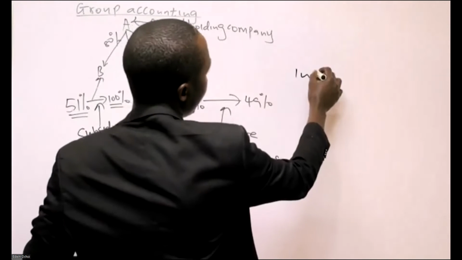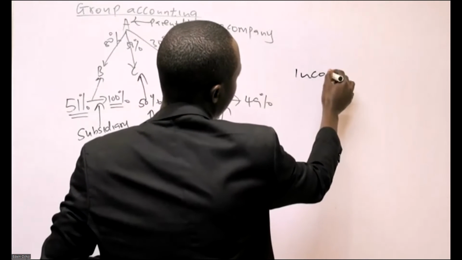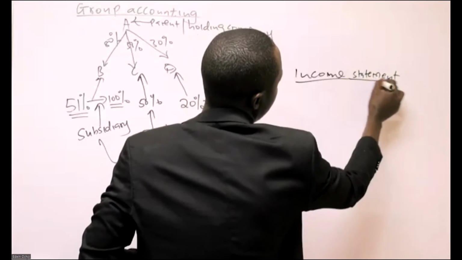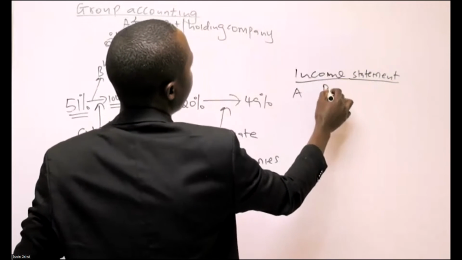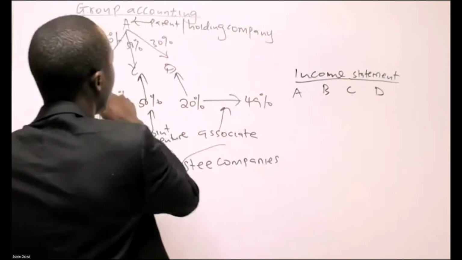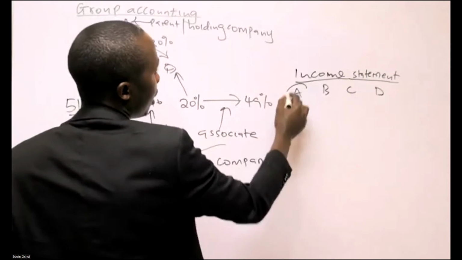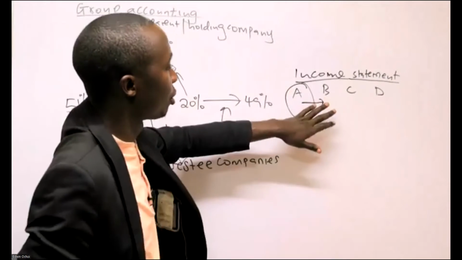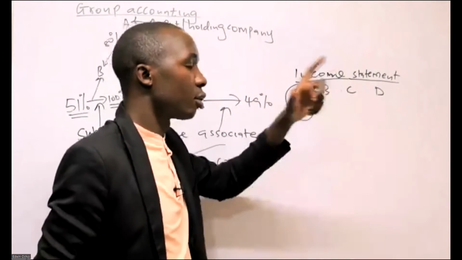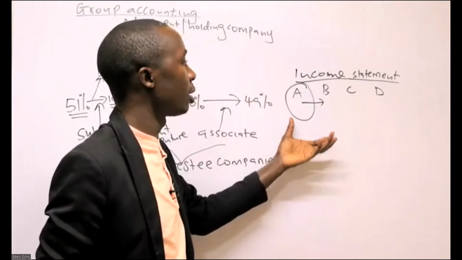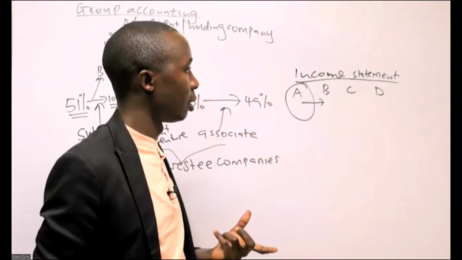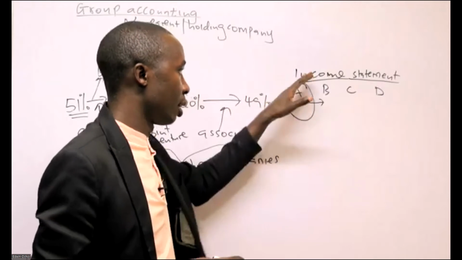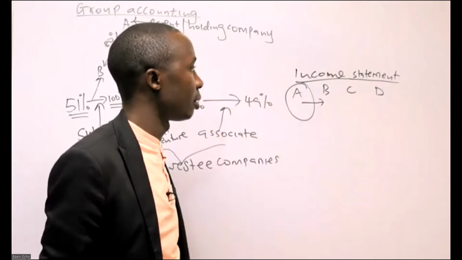Let's say it's an income statement: you will be given the statements of A, B, C, and D. The parent would then prepare consolidated statements by taking the operations of the other companies, B, C, and D, so that it presents one statement, looking as if they were one entity. That is why you will be told, prepare the consolidated statement of profit and loss. The statement of profit and loss is just an income statement.